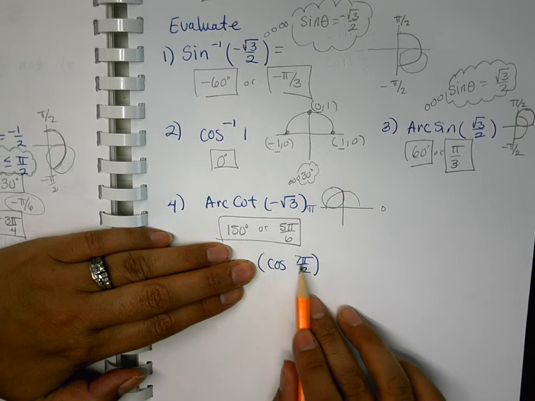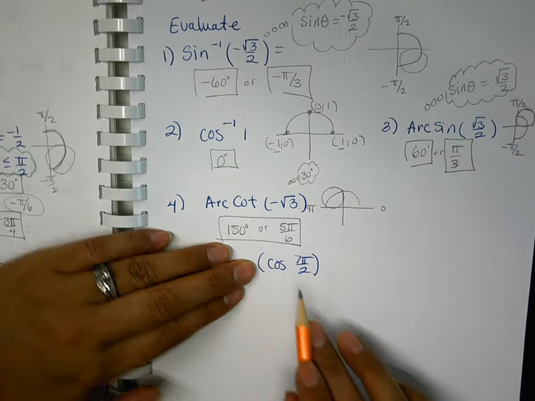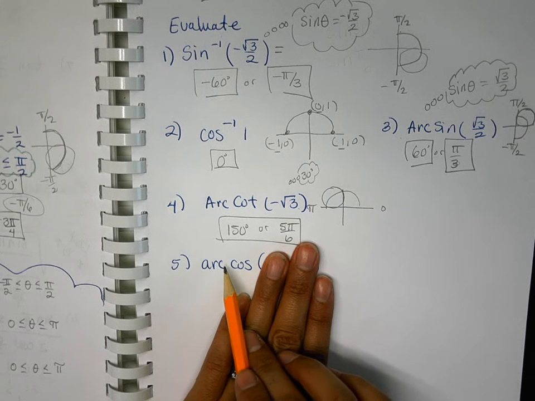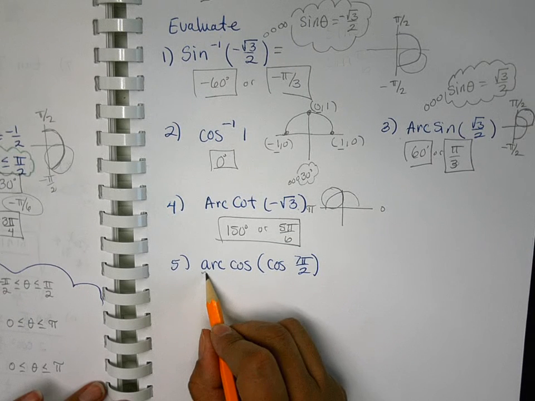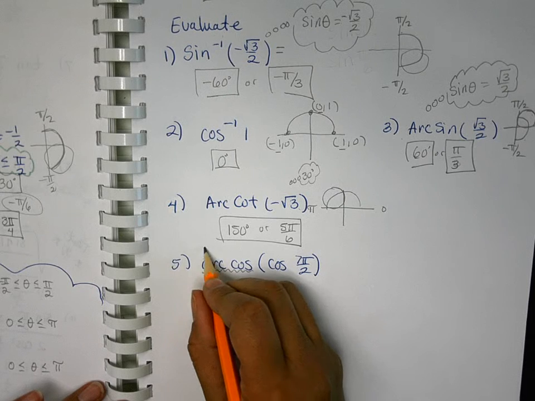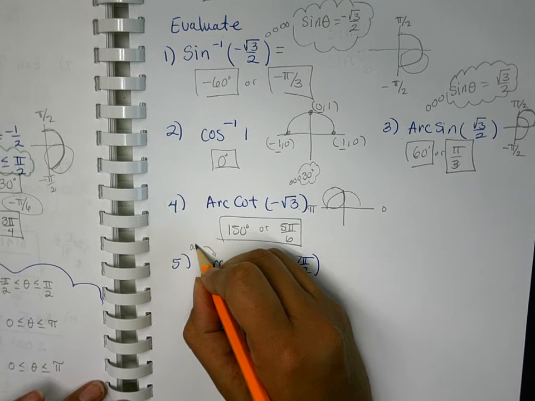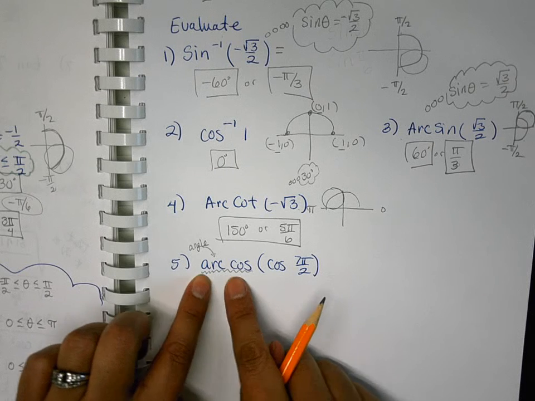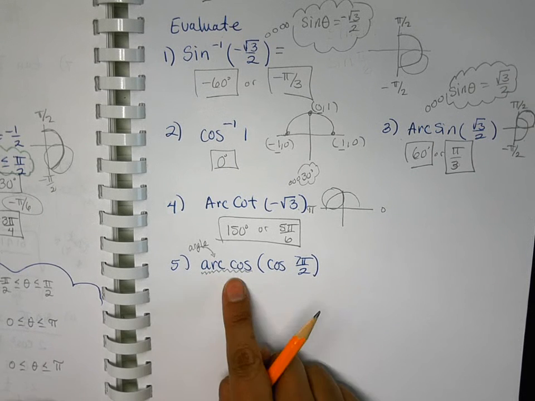This is an inverse. What kind of answer do we end up with when it's an inverse? An angle, radians or degrees. Whatever's on the outside is going to be your final answer. So what is our final answer going to be? An angle.